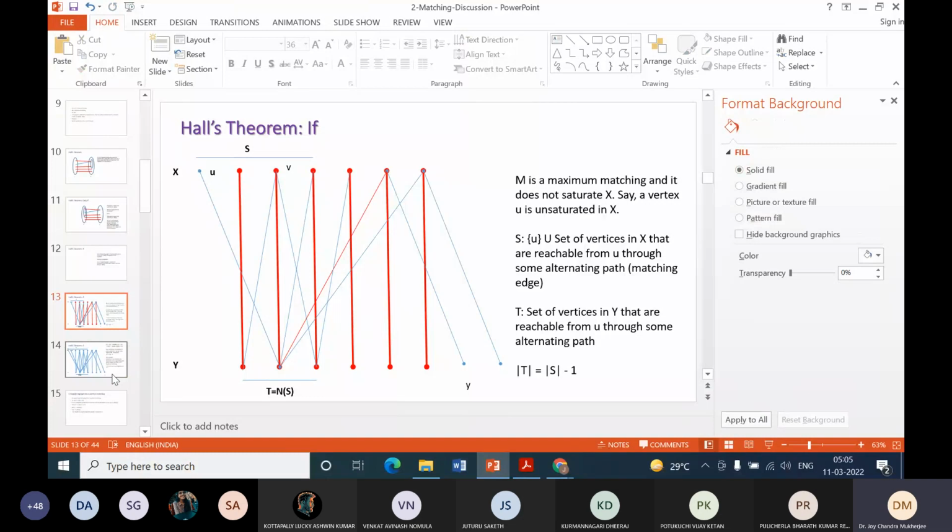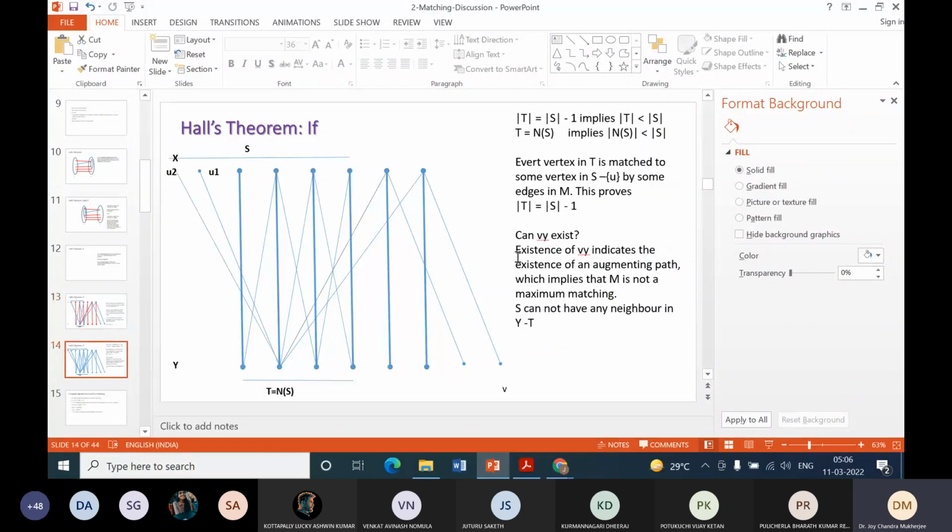Since VY cannot exist, we can say that T equals Ns. The existence of VY indicates the existence of an augmenting path, which implies that M is not a maximum matching.